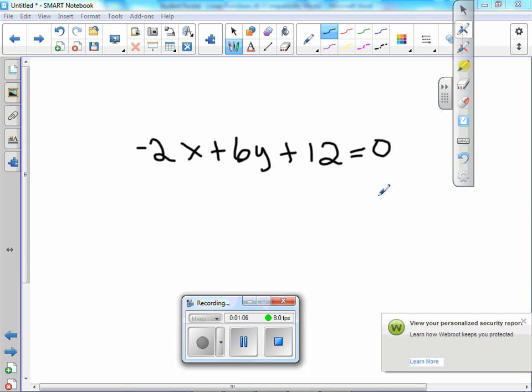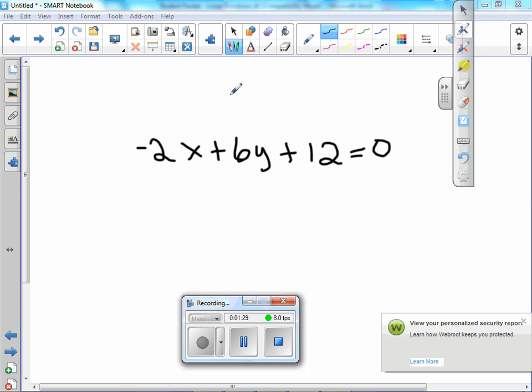Okay, what if on your assessment you're given a graph and a selection of equations and asked to match it? One of the equations looks like this, and you're not accustomed to it looking like this, but we can still change it to standard form.